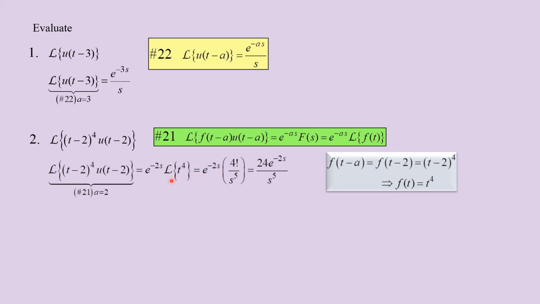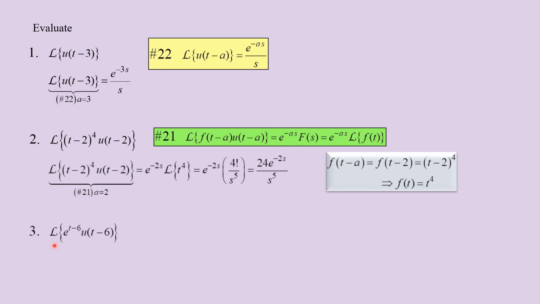So you write e to the negative 2s times the Laplace transform of t to the power of 4. The Laplace transform of t to the power of 4 can be obtained by using formula number 3 from the table of Laplace transforms, which is 4 factorial divided by s to the power of 5. So we say that the Laplace transform of (t minus 2) to the power of 4 u(t minus 2) is equal to 24 e to the power of negative 2s over s to the power of 5.